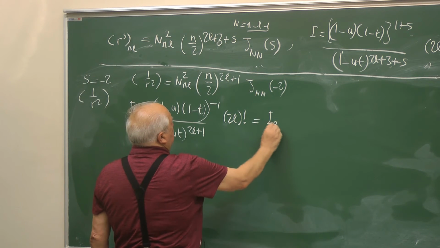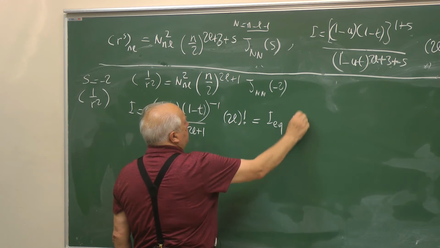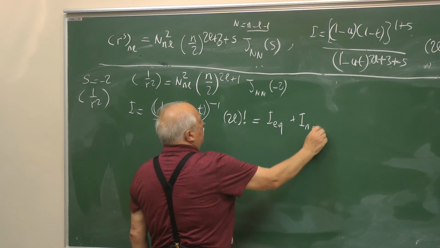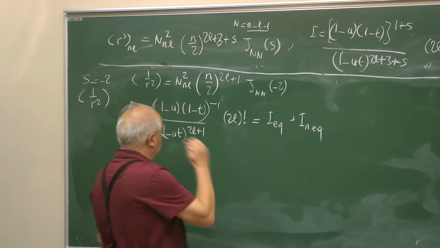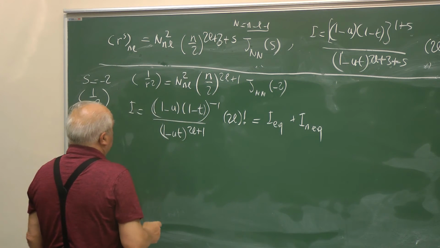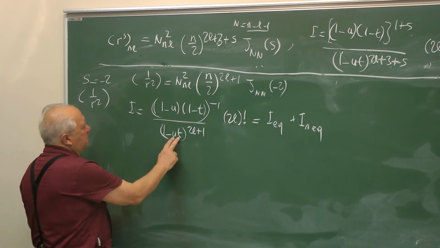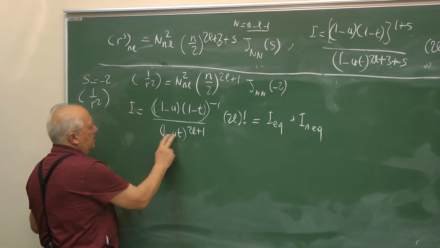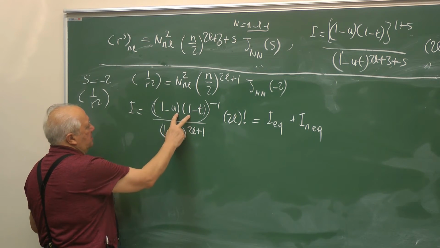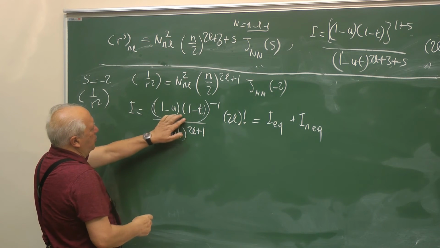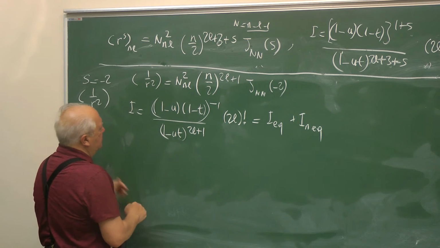This is sum of equal powers of u and t and not non-equal powers. When we expand it, the expansion involves only the equal powers, but this one does not. So we have to collect the terms that have equal powers.